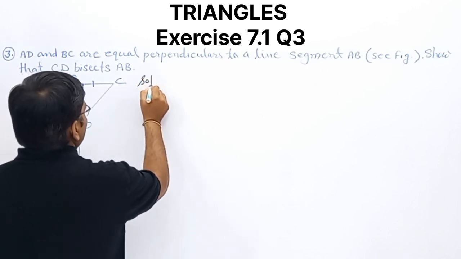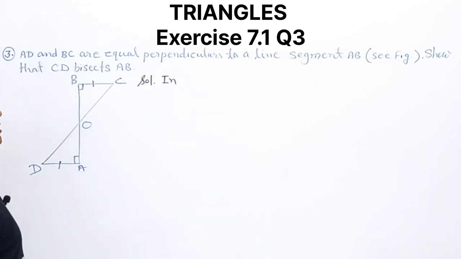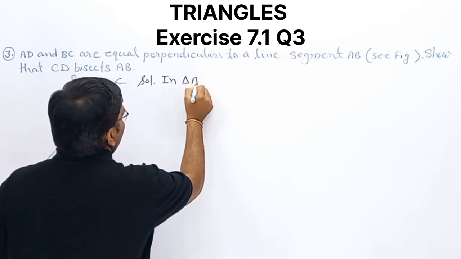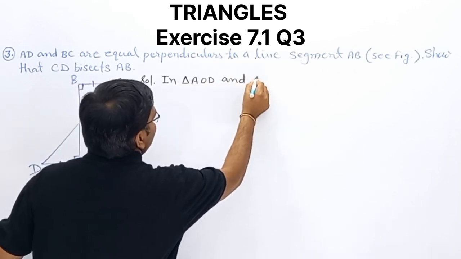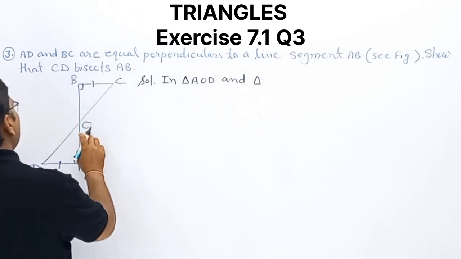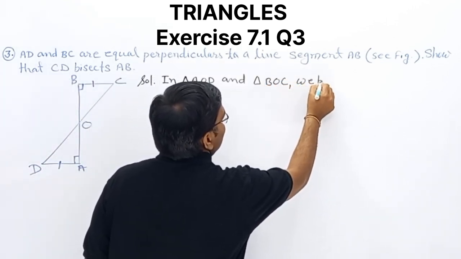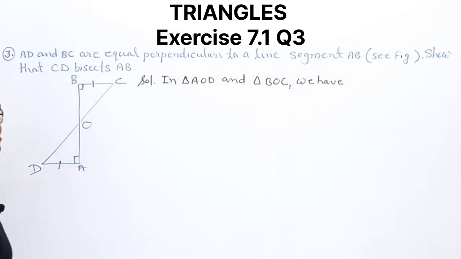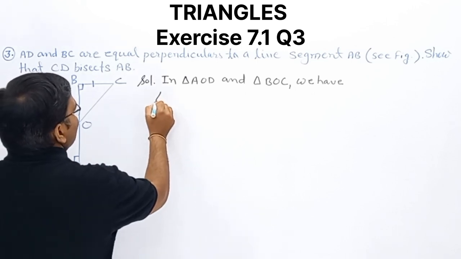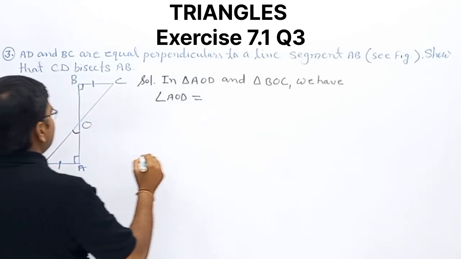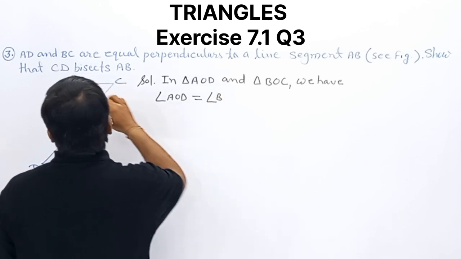Observe. In triangle AOD and triangle BOC, this triangle and this one, we have angle AOD equal to angle BOC.